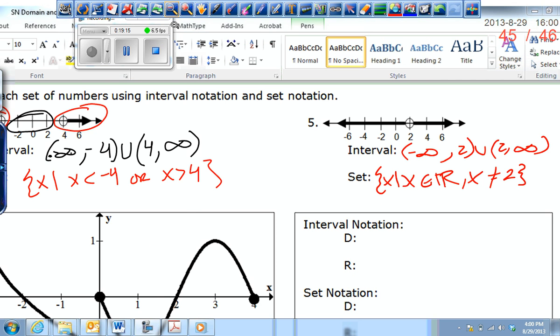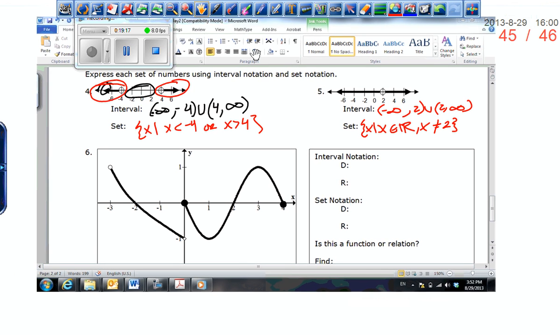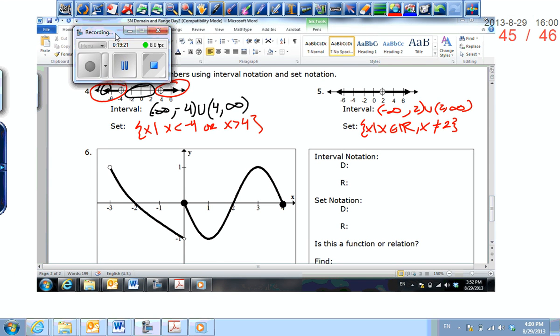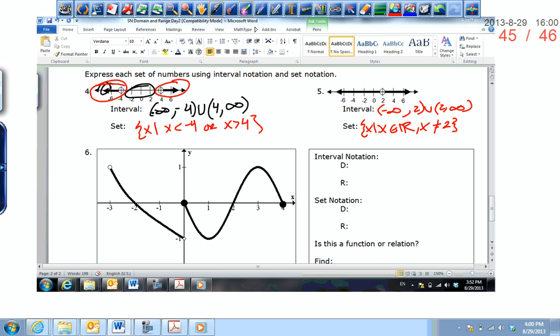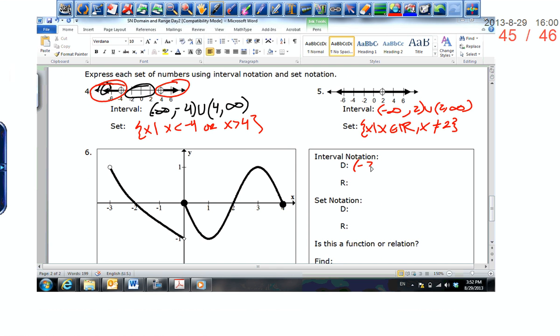All right, number 6. We got a starting point. -3. Starts at -3, and it goes all the way to 4. Close your bracket. Even though I have an open circle, I have a filled-in circle, so big brother sticks up to little brother, however you want to remember that.